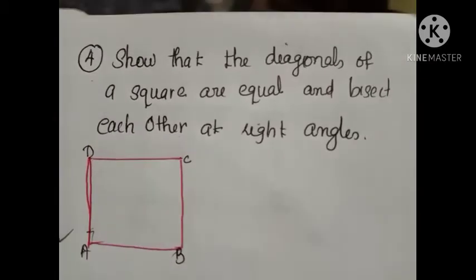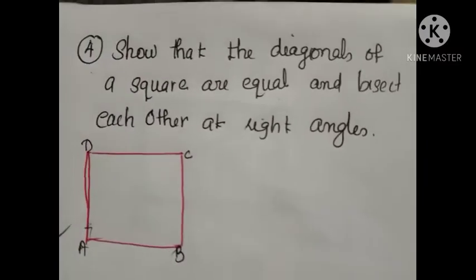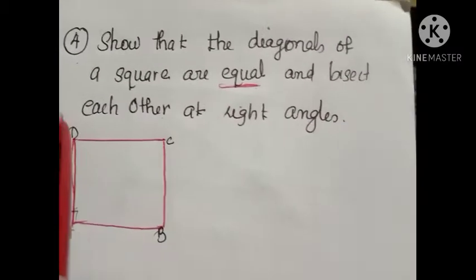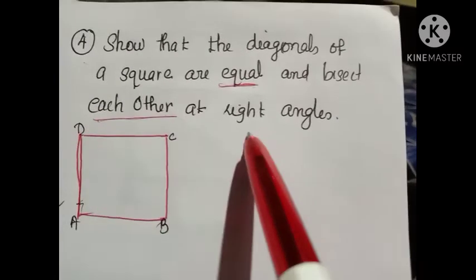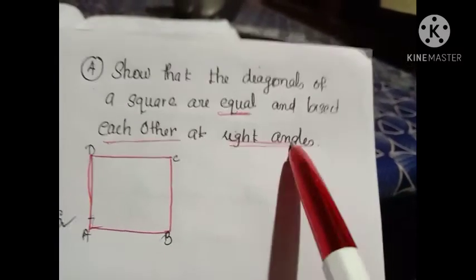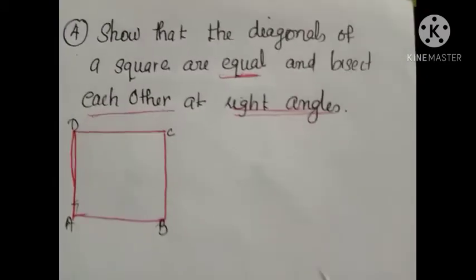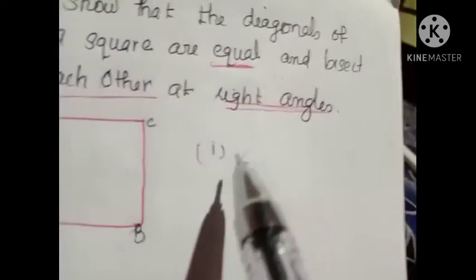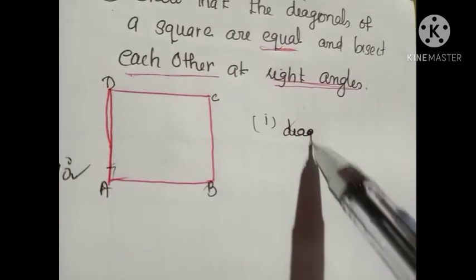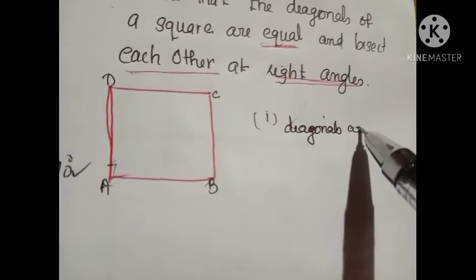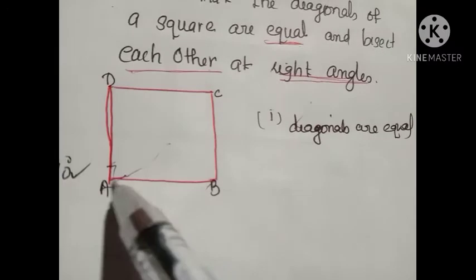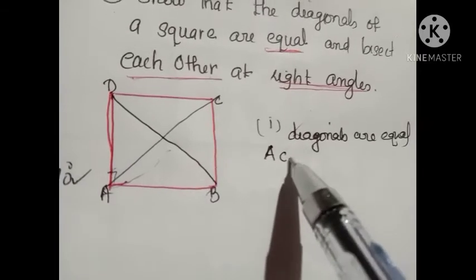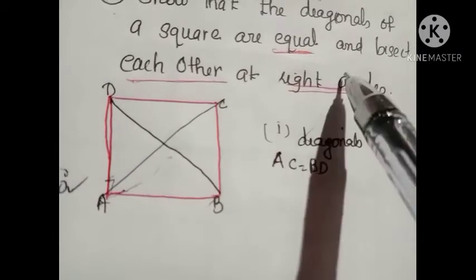Here we need to prove the diagonals of a square are equal. First one, diagonals are equal. Look at the figure and name the diagonals. What are the diagonals? AC and BD. So first we need to prove AC equal to BD. Second one, bisect each other.